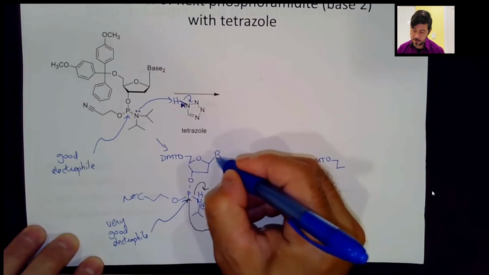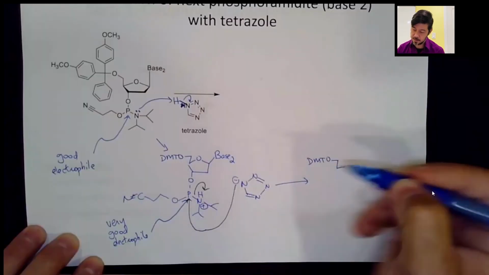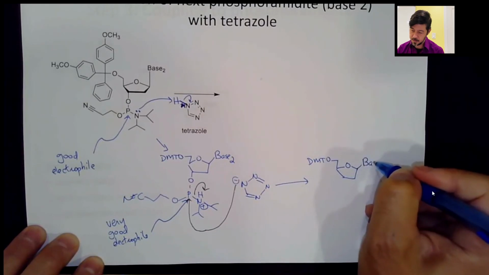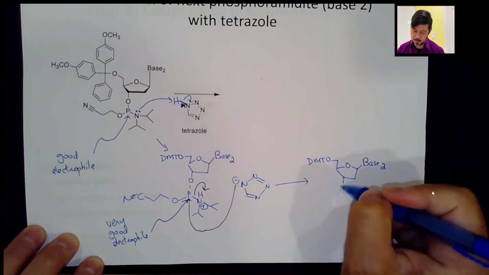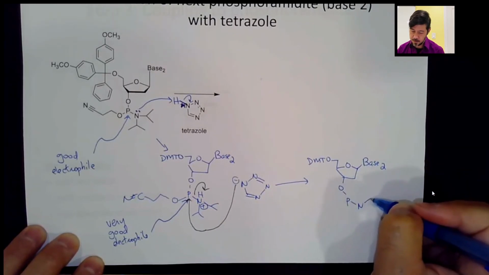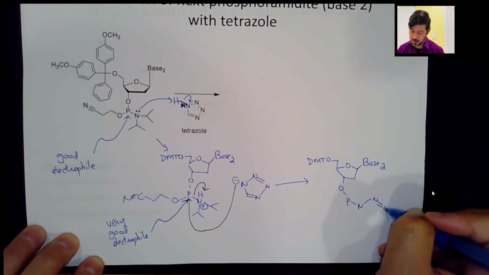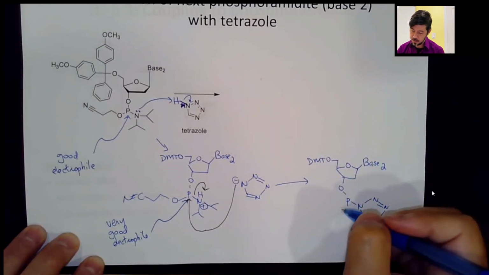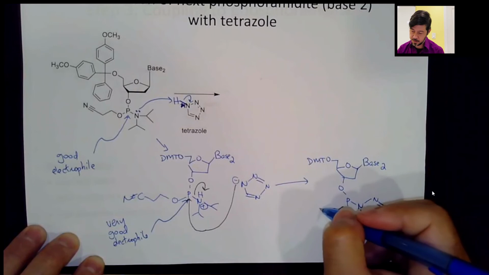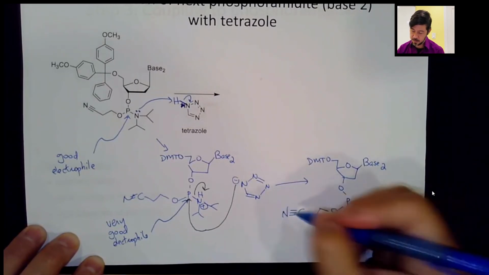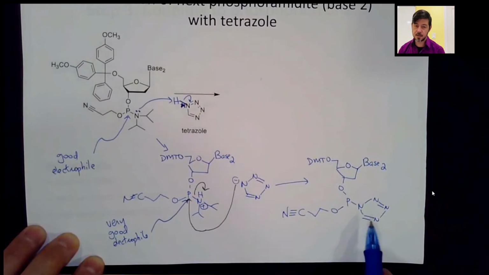So what you end up having, just forgot to write base 2 here. You have this tetrazole attached to this phosphorus group, and this is actually now an excellent electrophile.